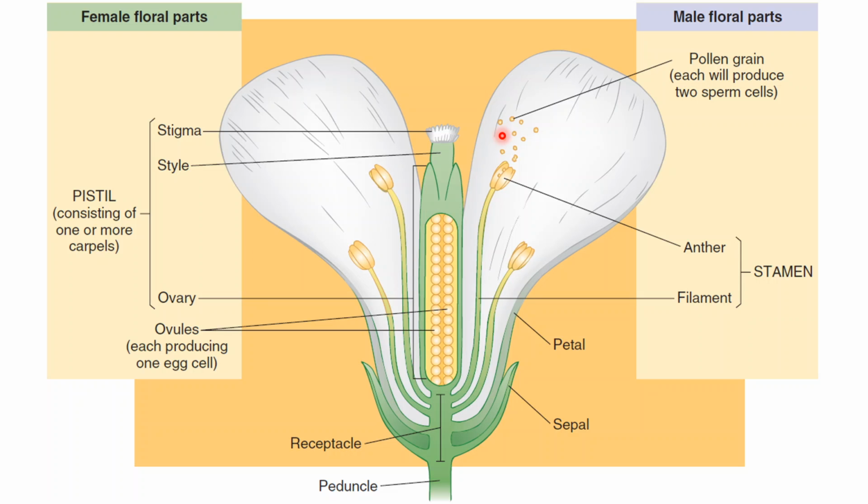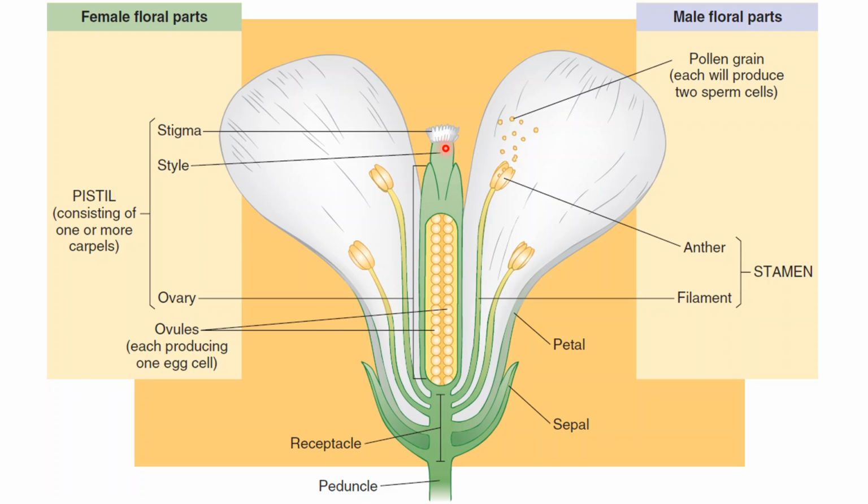In the center or in the top of most flowers is one or more carpels. So here it is, the center. Carpels bear ovules, which are structures that have the potential to develop into seeds.